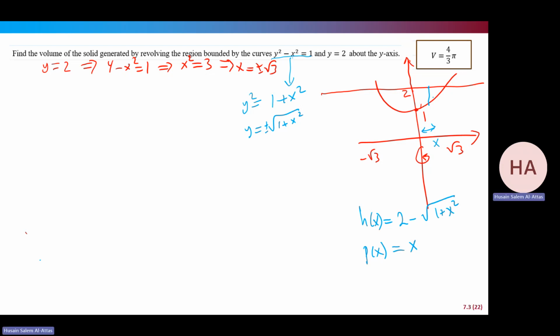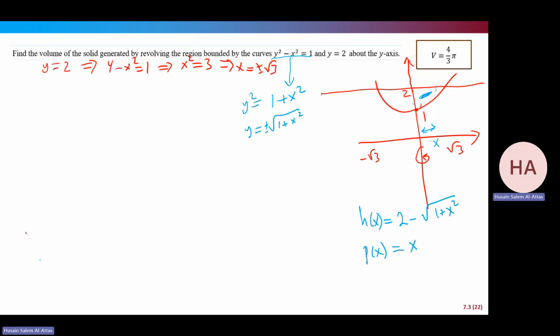So if I do rotation about the y-axis, for this side about the axis of revolution, I'm getting a volume which is similar to the rotation for the other side. So I don't need the limits of integration from minus square root of 3 to square root of 3. I need it only from 0 to square root of 3.